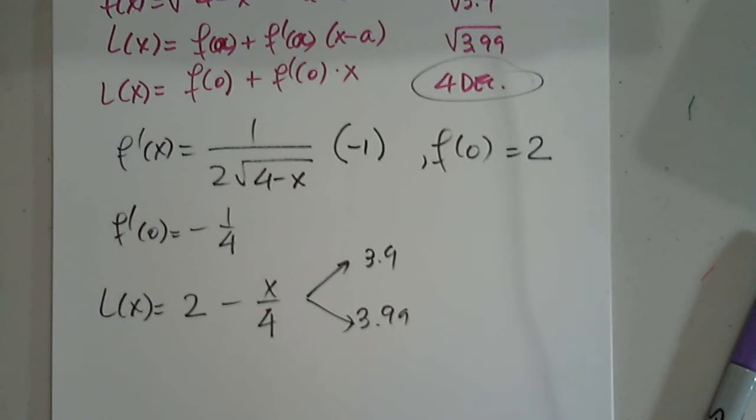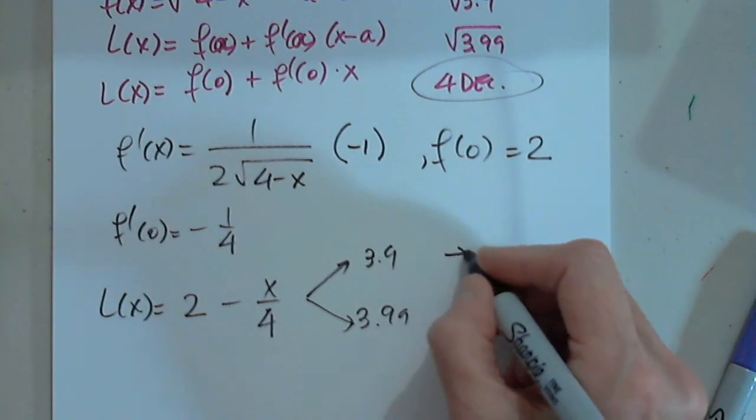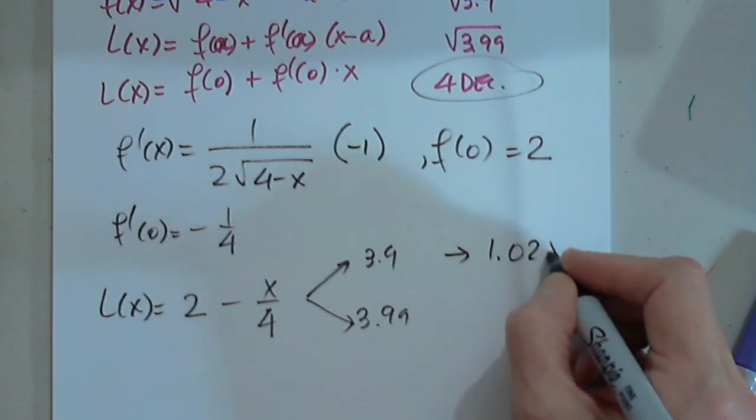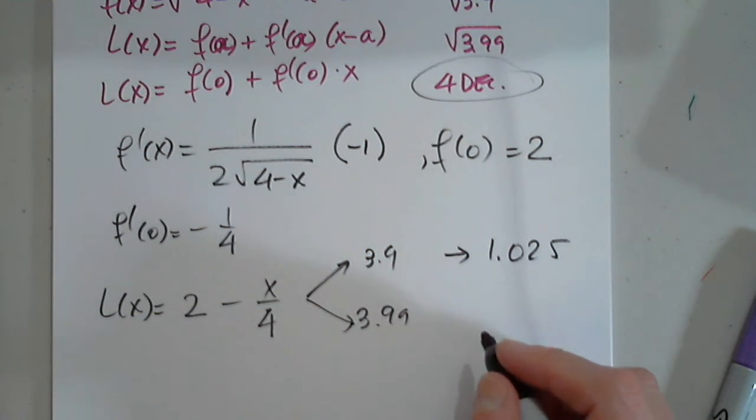Which I disagree with, to be honest. Well, actually, it is close to 4, since a is 0. Sorry. So then for the first one I have to write 1.025. They want 4 decimal places.